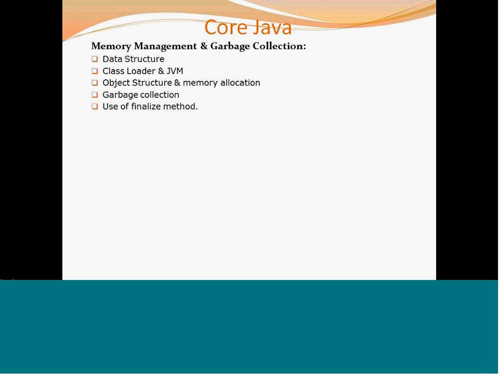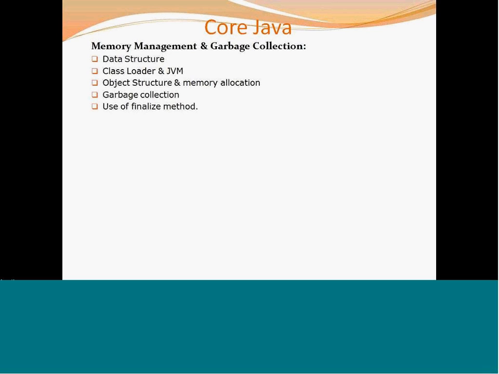And then how the program is loaded into main memory in Java. We will be doing that in both the class loader and the JVM. JVM I will tell you after this introduction. Then the object structure, memory allocation, and how garbage collection works.